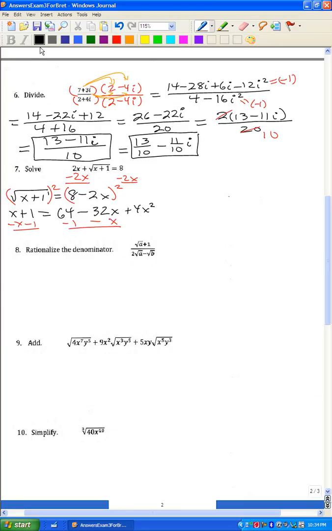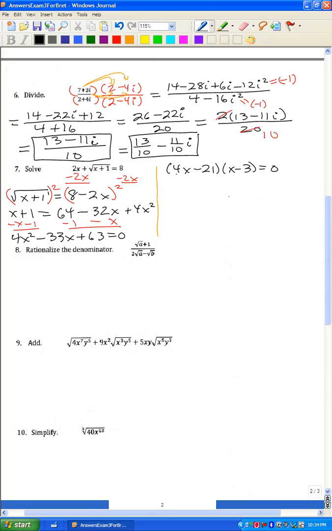And so I get 4x squared minus 33x plus 63 is 0. I can factor this. And so I get 4x minus 21 times x minus 3 is 0.